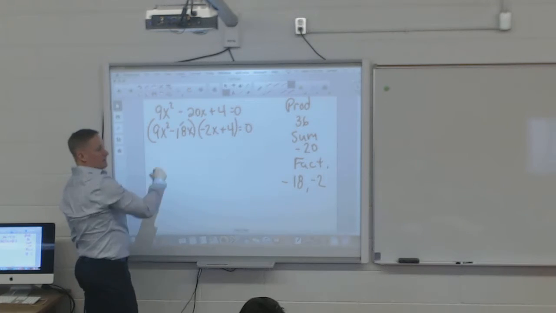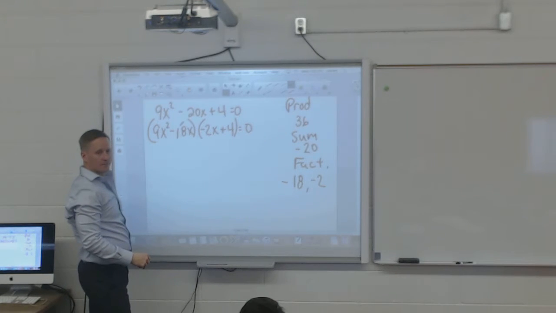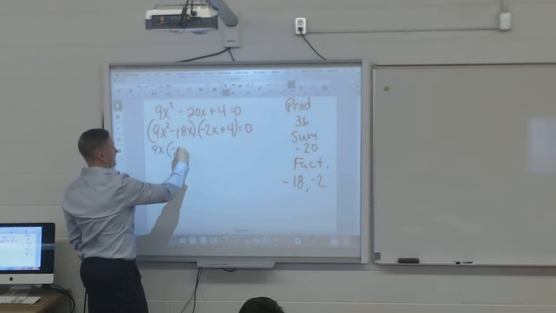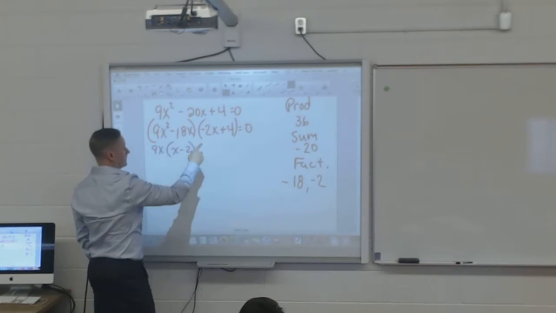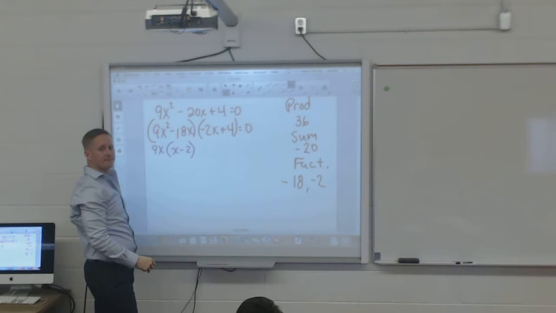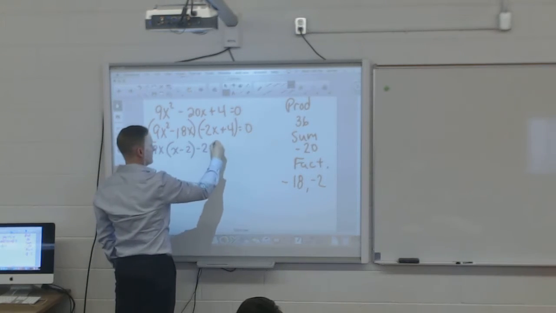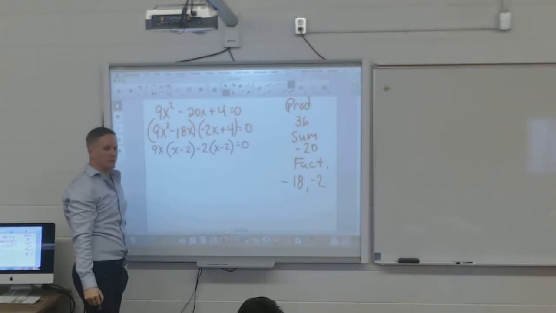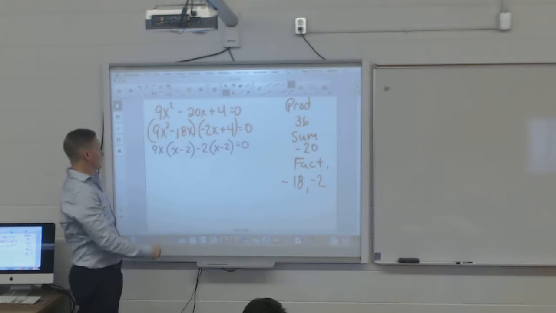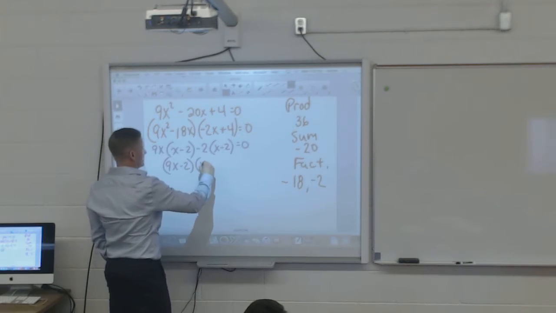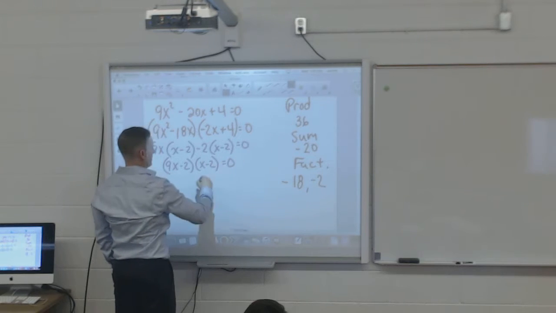What do I take out of here? 9x. Leaves me with x subtract 2. What do I take out of there? Negative 2. Leaves me with x subtract 2 equals 0. So 9x minus 2, x subtract 2 equals 0.